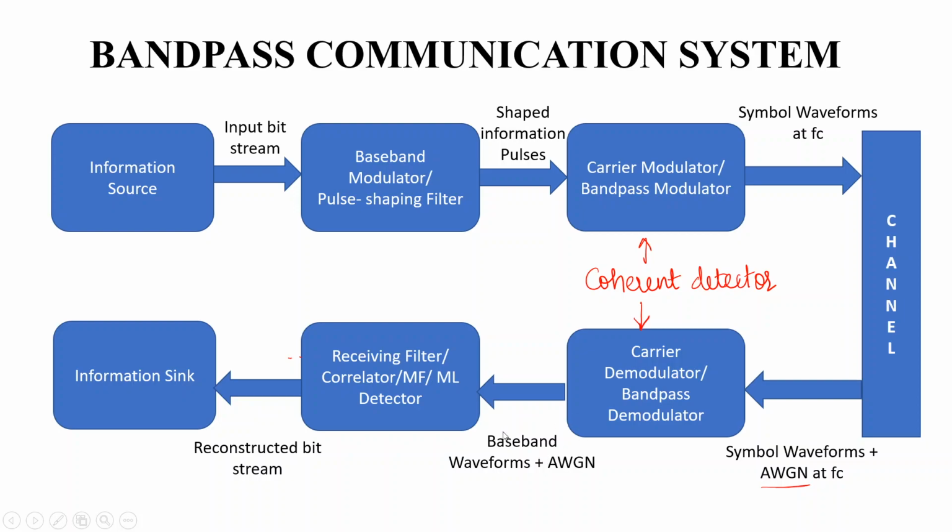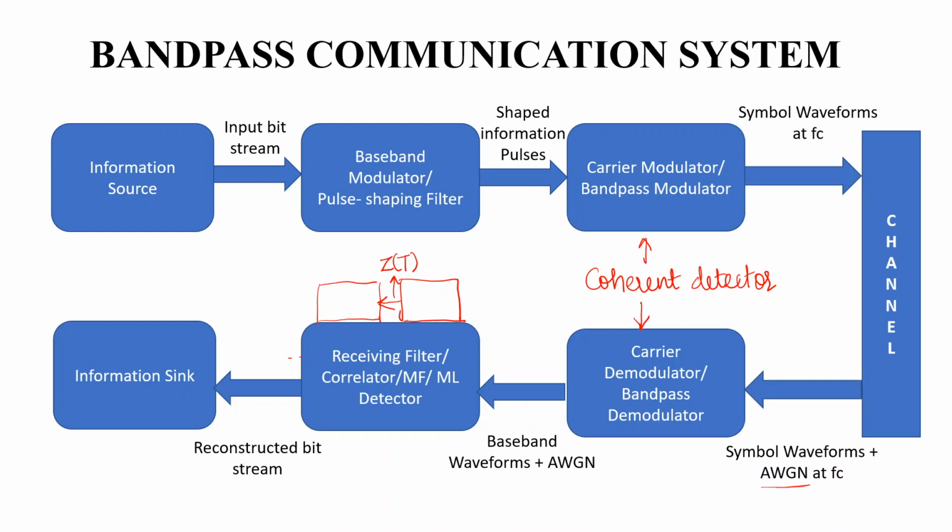In the next two consecutive steps, we have the MF, that is the matched filter, or a correlator, which converts the baseband waveform into sample values, called the test statistic or pre-detection point z(T). This undergoes threshold detection, which gives out the reconstructed input bit stream.